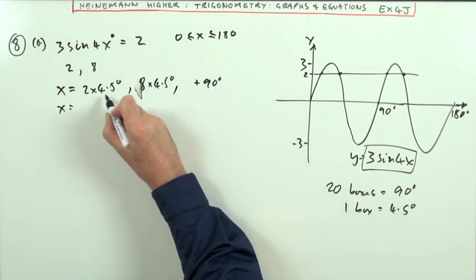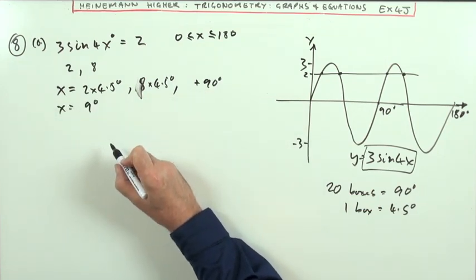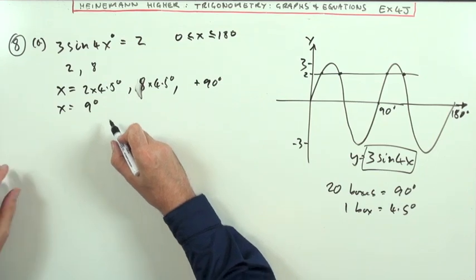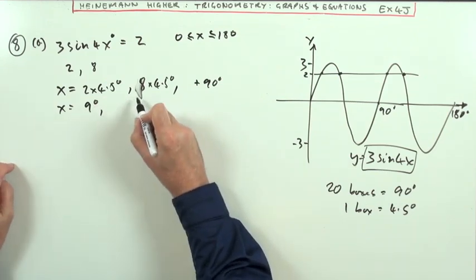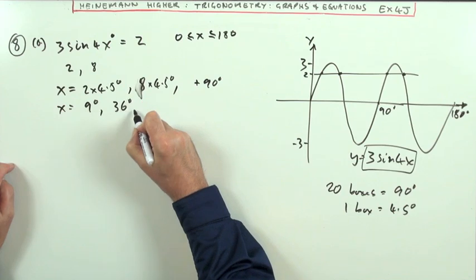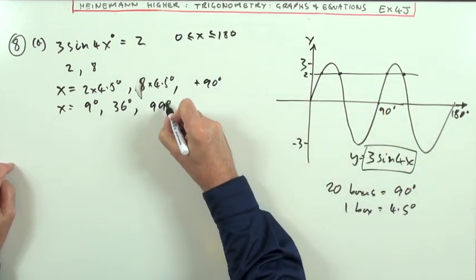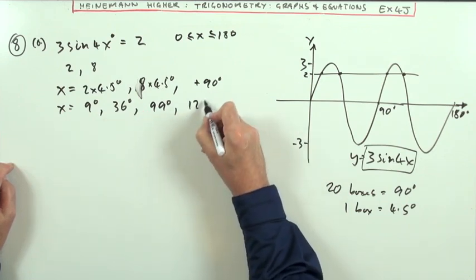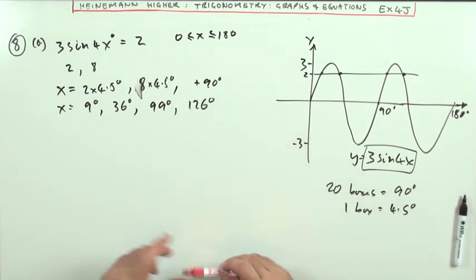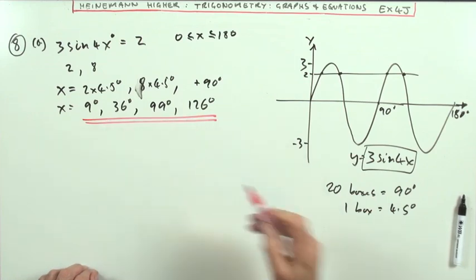So I've got x equals 9 degrees, x equals 36 degrees, just by going 4 times that, 36 degrees, and then that one must be 90 more than that, so 99 degrees, and 90 more than that, 126 degrees. That's what I put down for my 4 answers.